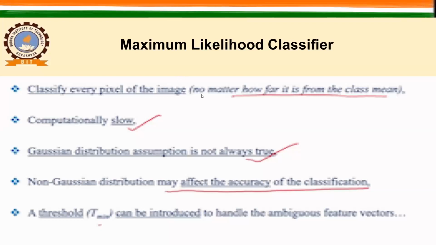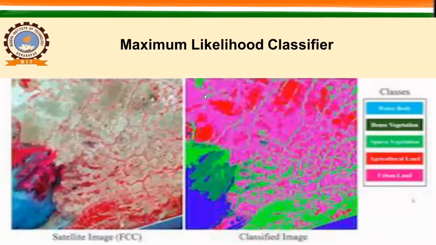If I want to show you an example, here is one, and you can see the result of the maximum likelihood classifier in this particular image, where we have given five classes. You can increase or decrease this based on your application and requirement.